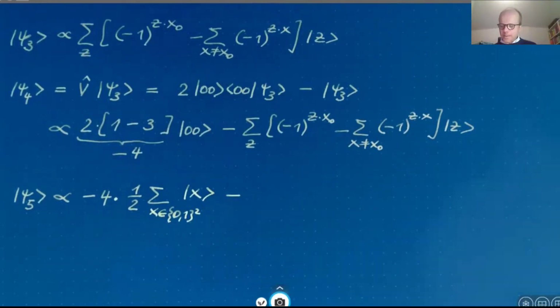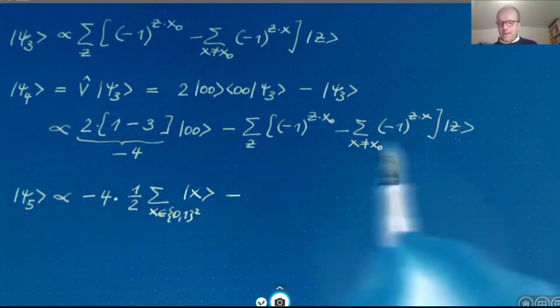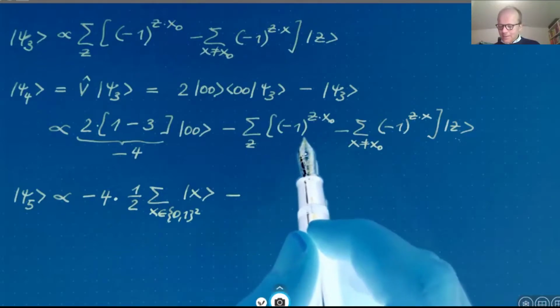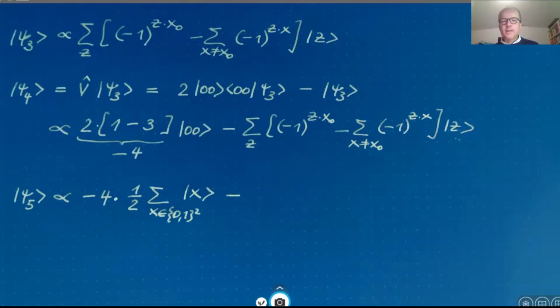What about the effect of the Hadamard gates on the remaining sum? Well, if you remember, this representation was actually the effect of a Hadamard transformation. And now by applying Hadamards again, we are basically undoing the original Hadamard transformation.